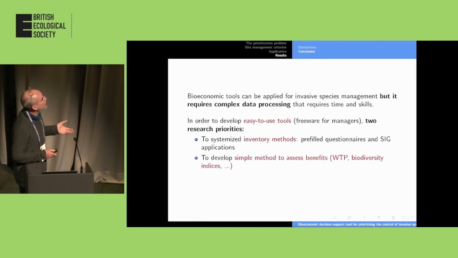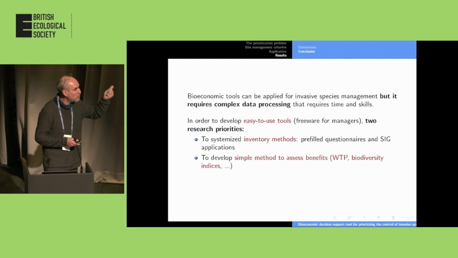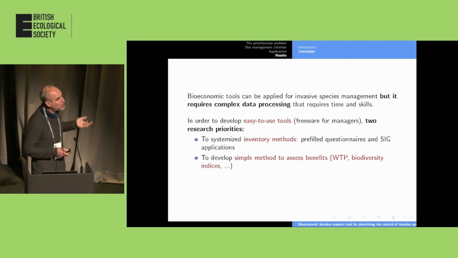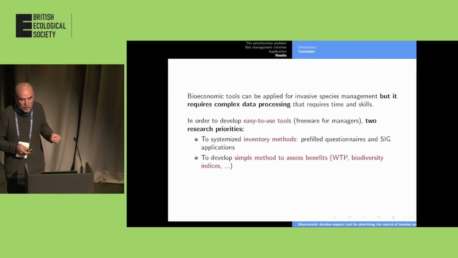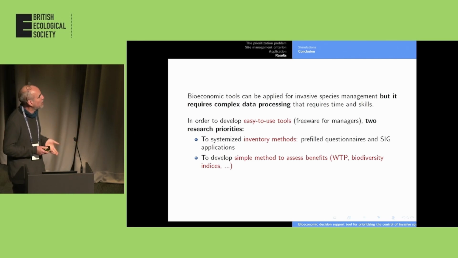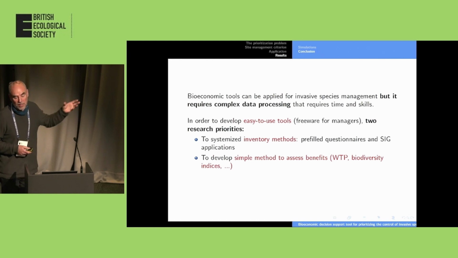My key messages are two. If you want to use this kind of tool, this is one tool, but we can make many of these, it's feasible to use it. But if you want to let managers do it by themselves, we need to work a lot on inventory methods, because we had to work a lot on their data to fit this criterion.